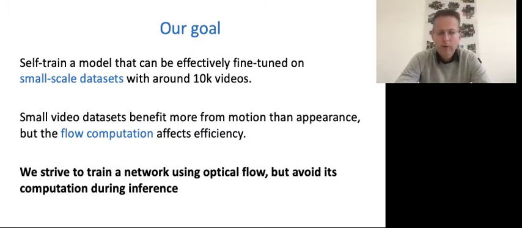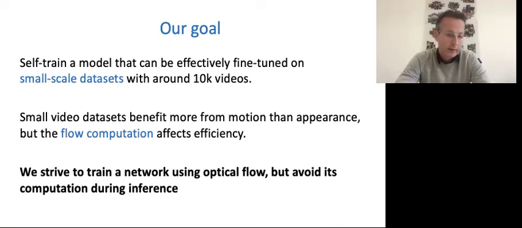And it is well known that such small-scale video datasets benefit much more from motion than appearance. And the reason is that there is too much information in the RGB to learn from with only a small dataset, and the much more sparse flow signal is much more informative.